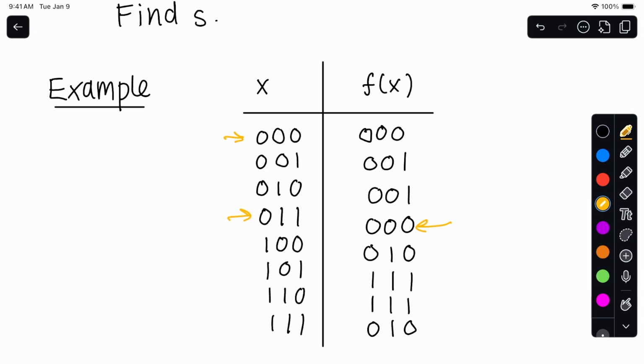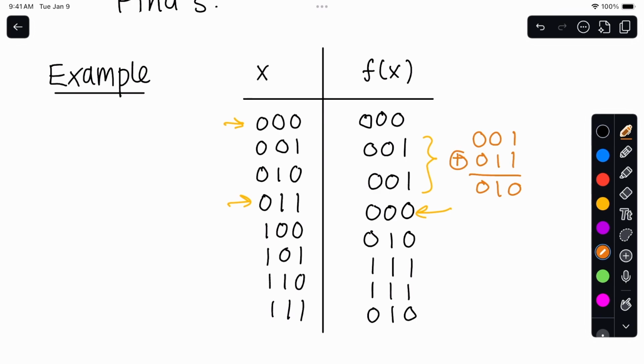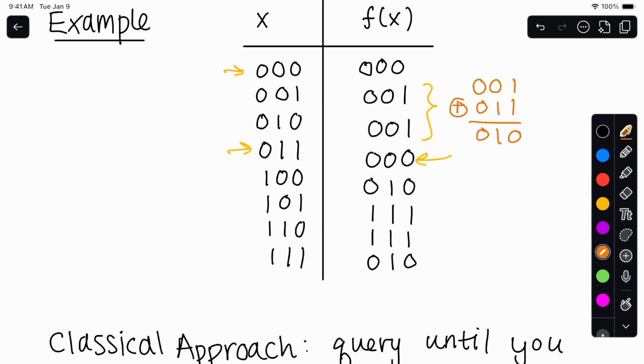And then we can see that actually all of the states that have the same output are off by 0, 1, 1. So here we have like 0, 0, 1 plus 0, 1, 1. That's going to be 0, 1, 0. So those two are a pair that go together. And the same is true for the other outputs as well. So this is just to emphasize for the string 0, 1, 1.